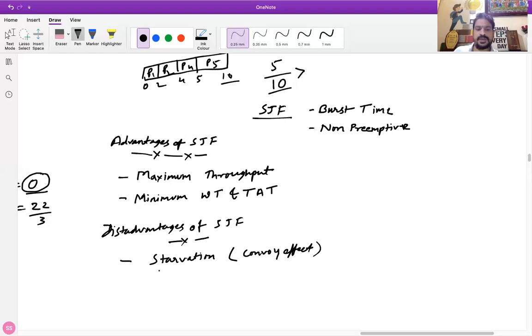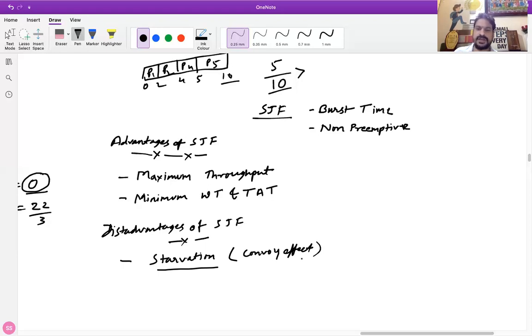So the shorter process, which may have come after the longer process, will be starved and waiting for a longer period of time to get the CPU. That is the first problem that we have observed due to the convoy effect.